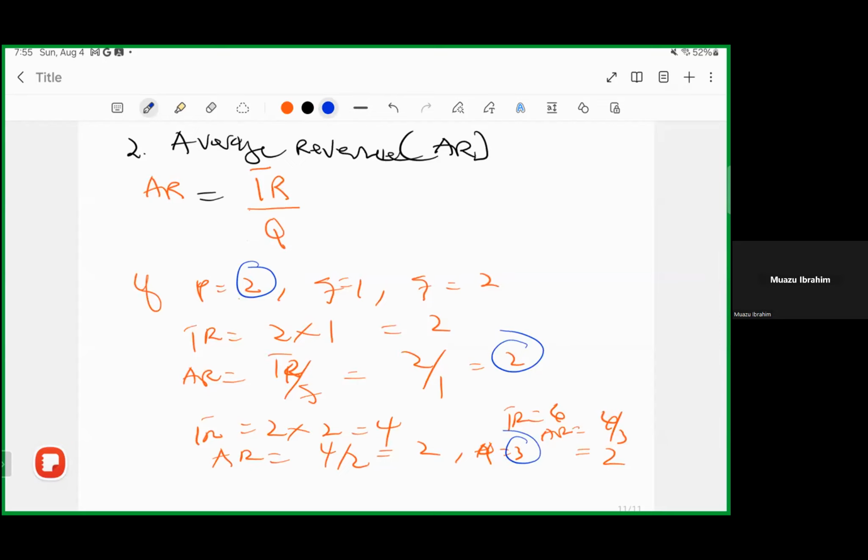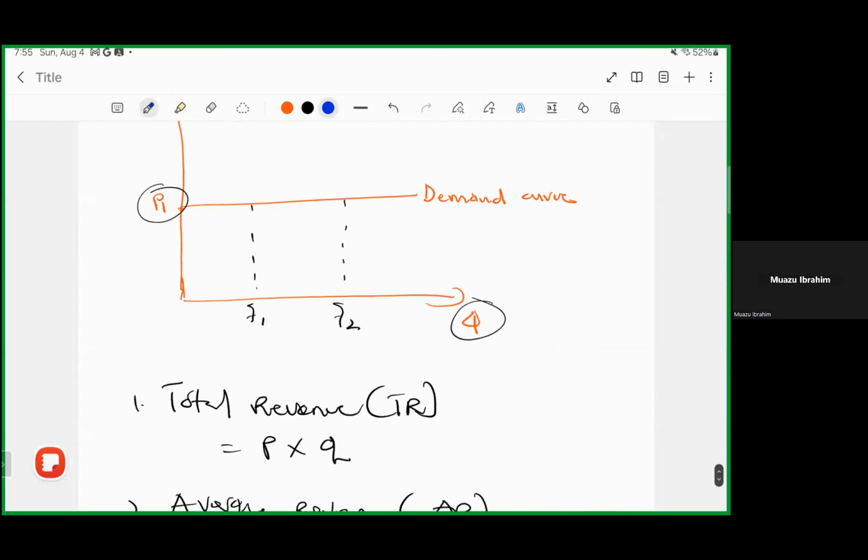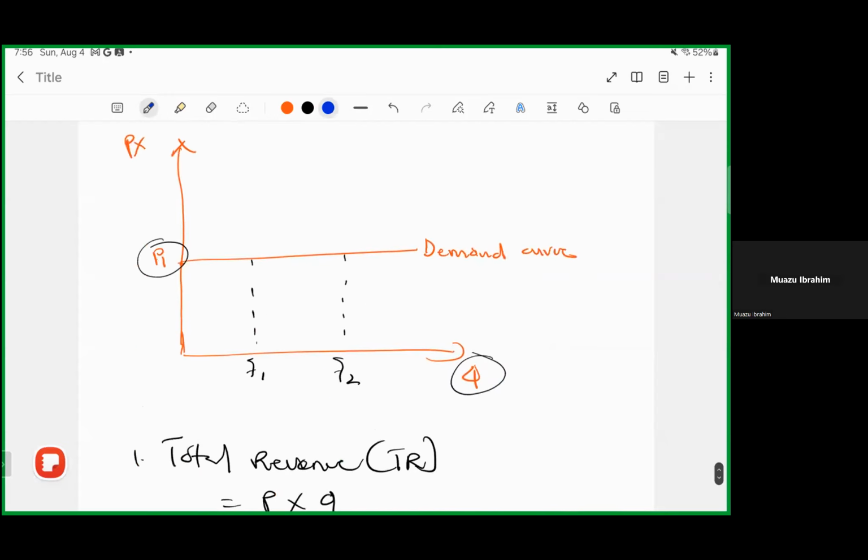So in this case, average revenue is the same thing as price under perfect competitive markets. So if you have this as the demand curve, this demand curve is the same thing as price, which is the same thing as average revenue.